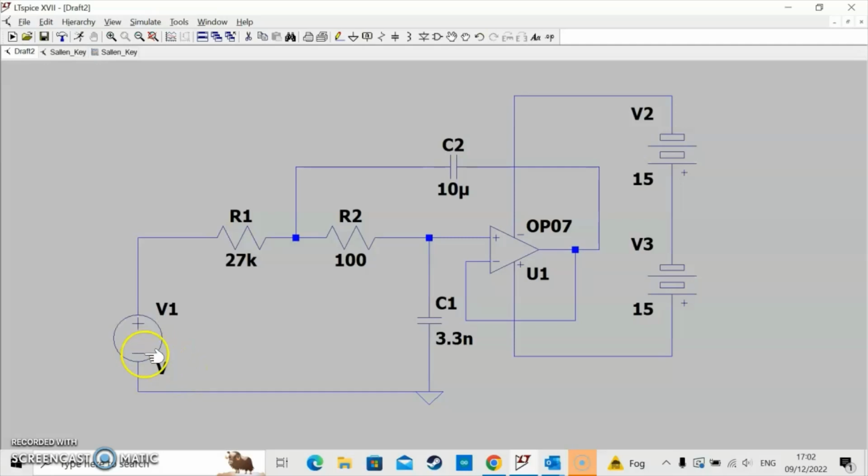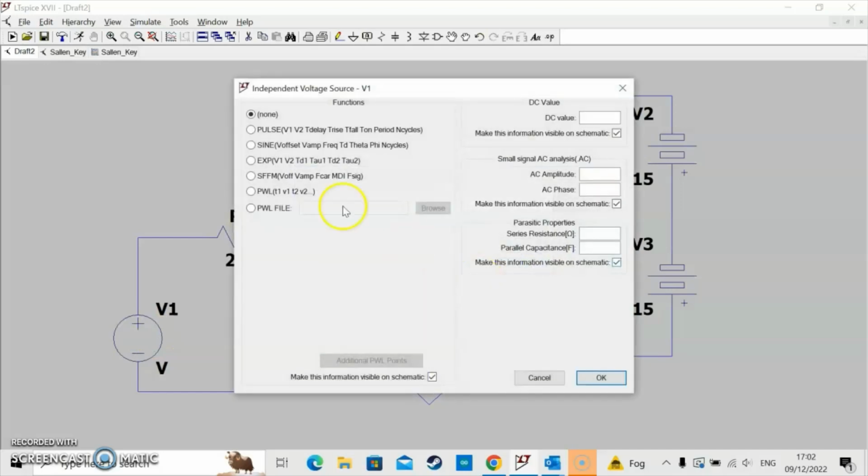And now for the voltage input, I will need to make it a pulse signal. Initial value 0, and the on value 0.5. Now normally we set that to 1, but for MATLAB to read in the file properly, it doesn't like it when it goes to 1. With the wav file, it cuts it off.